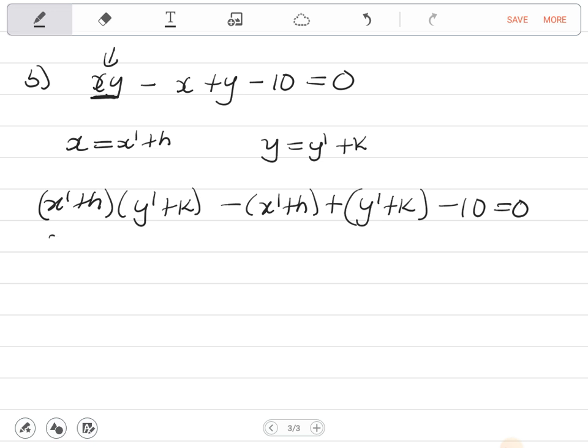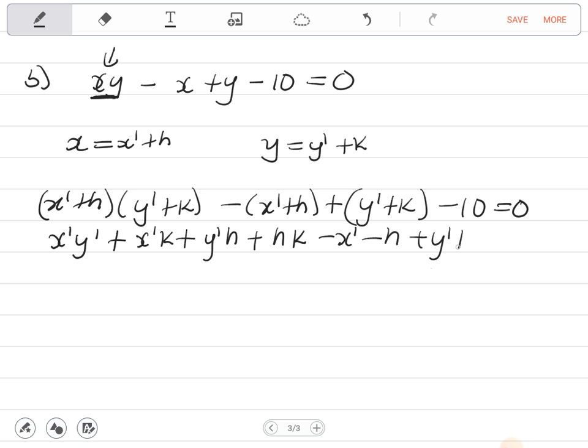x prime times y prime, that one gives x prime k, then we have y prime h, then we have hk. Then minus x prime minus h, plus y prime plus k, minus 10 is equal to 0. I'm just expanding, ladies and gentlemen.